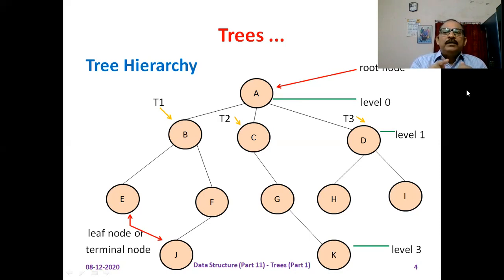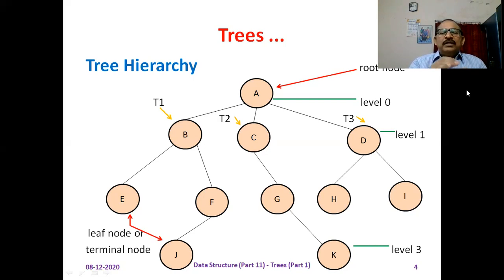AB followed by BF. The length of a path is equal to the number of edges in the path. Here you can see there are two edges, AB and BF. Therefore, the length of the path A to F is equal to 2. Therefore, we can say the depth of node F is equal to 2.